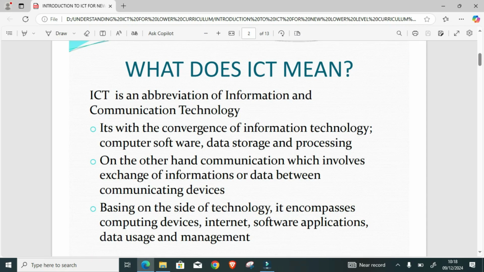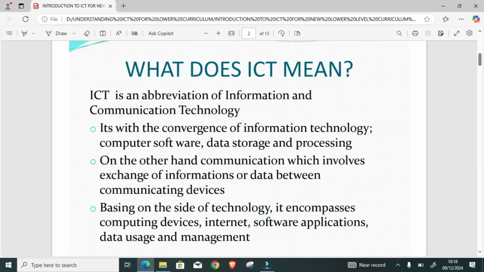Information involves the convergence of information technology, computer software, data storage, and processing. So in other words, it deals entirely with the information part, for example, storing that information and also processing it. And on the other hand, we have communication.